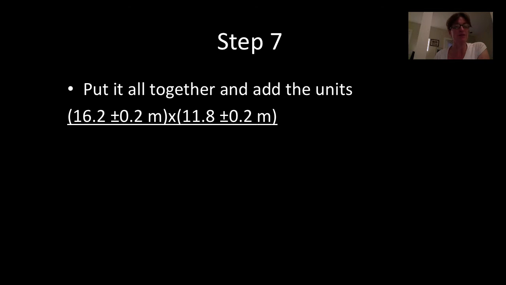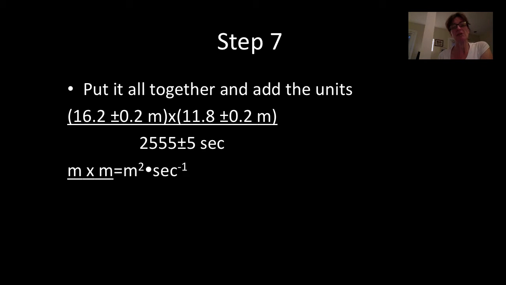Next step. Now I'm going to put it all together and add my units. So here's my original problem, and I'm going to look at my units. Now remember, I have to treat units like numbers. So I see that I have meters times meters on the top divided by seconds. And so my units will be meters squared over seconds.